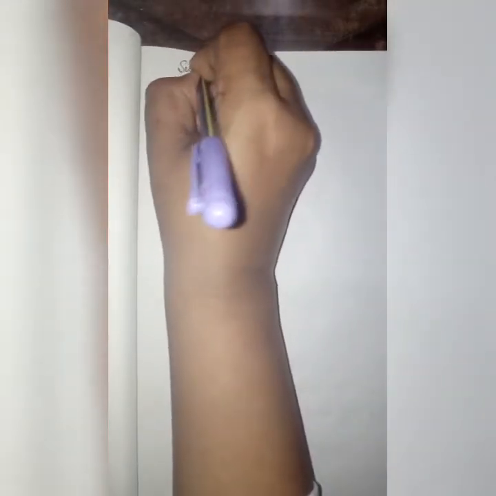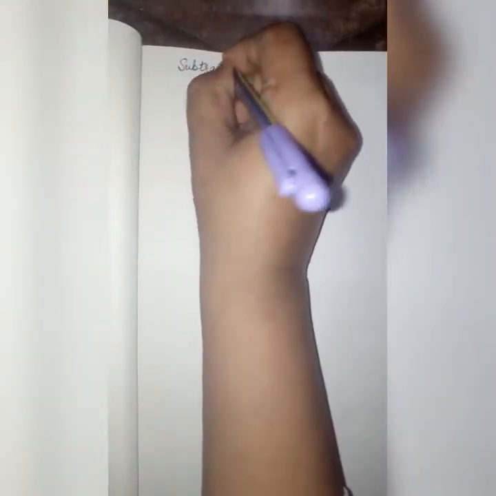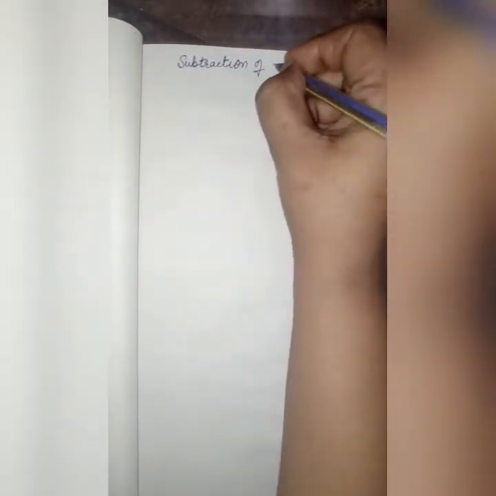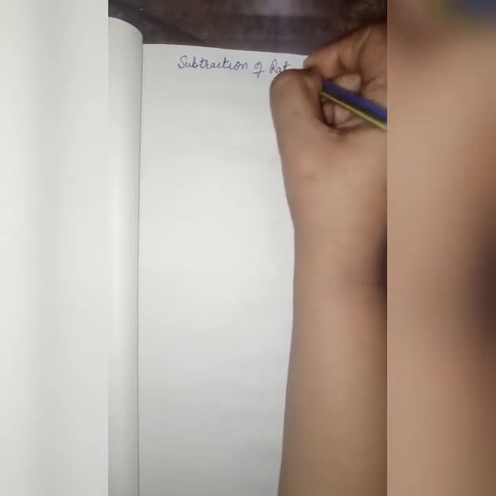Subtraction of rational numbers. Here also in the same way as you have done in addition, case 1, if denominators are same and if denominators are different.